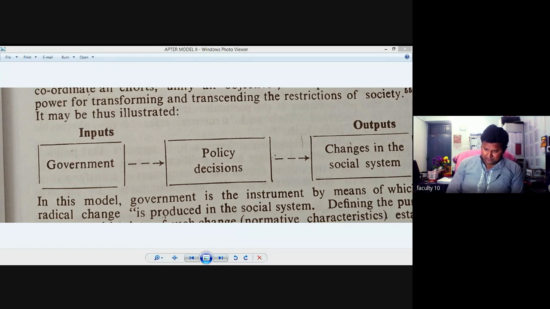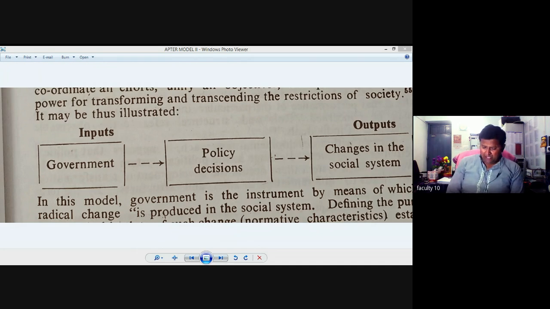The purpose of the policy decision is to bring institutionalization, socialization and internalization by the people.